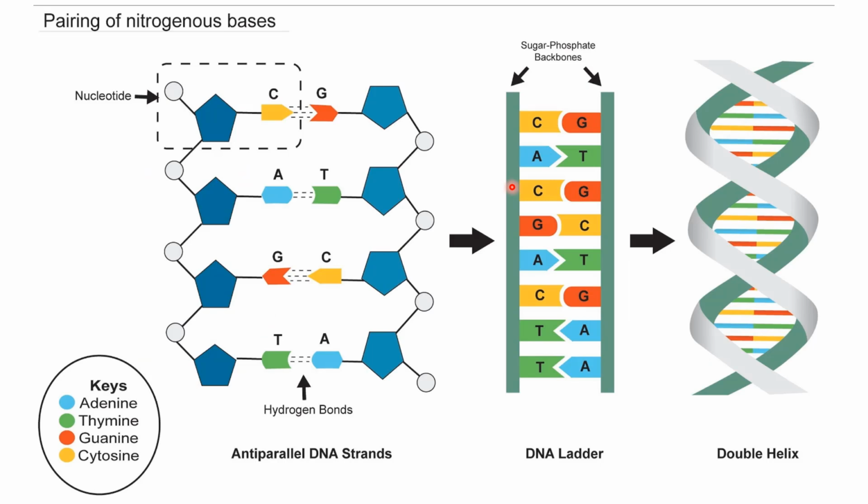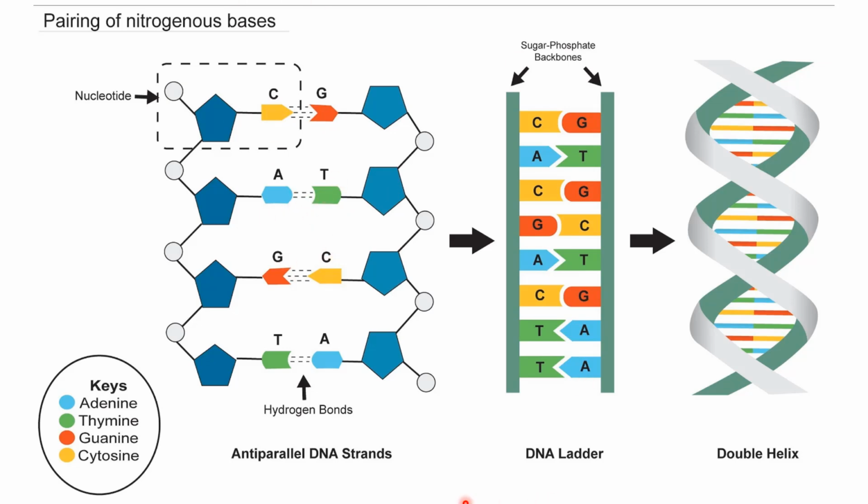If you look at this slide, we all know about the DNA double helix structure. The double helix has two DNA strands, antiparallel, with sugar-phosphate backbones, and the base pairs form hydrogen bonds with each other. C and G, that is cytosine and guanine, form 3 hydrogen bonds, while adenine and thymine form 2.